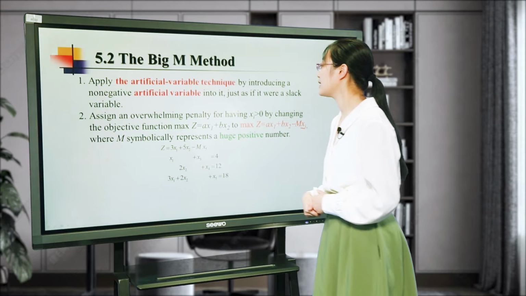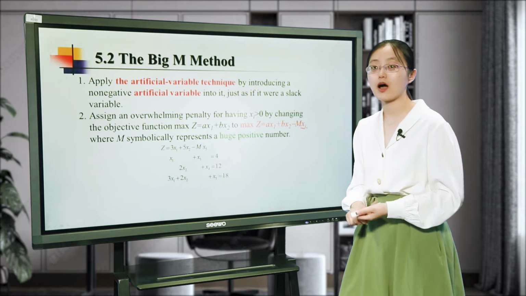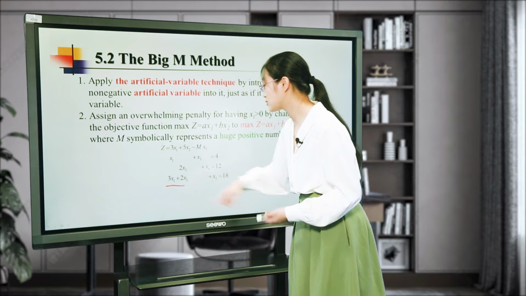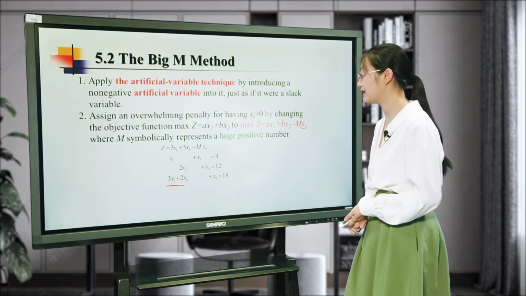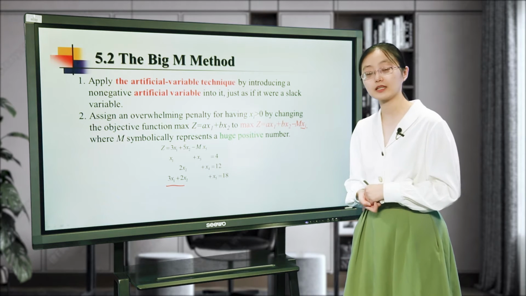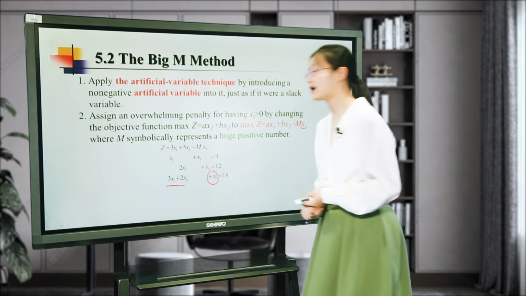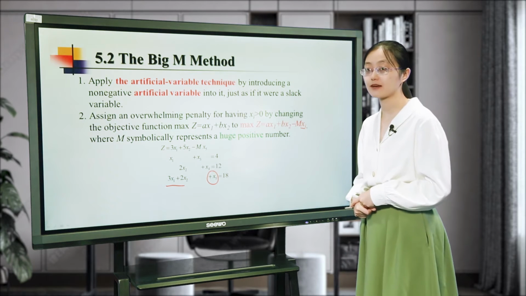For example, in our original setup of our linear programming problem, we had 3x1 plus 2x2 equals 18, but this won't give us an initial BF solution. So we add an artificial variable x5 just as if it were a slack variable.